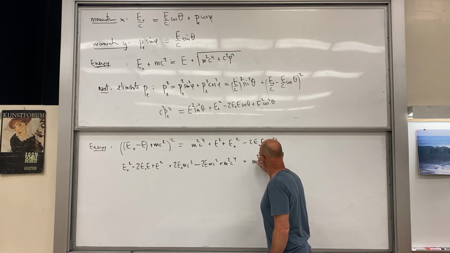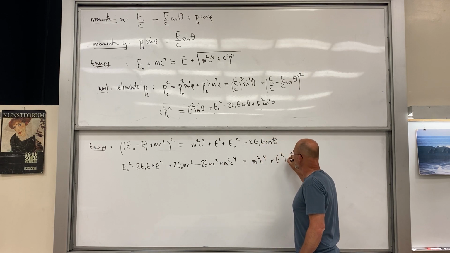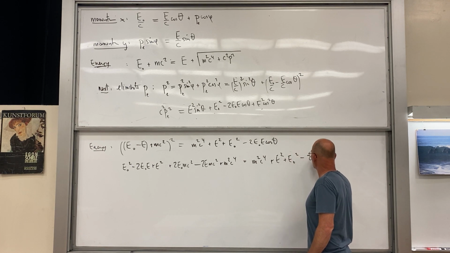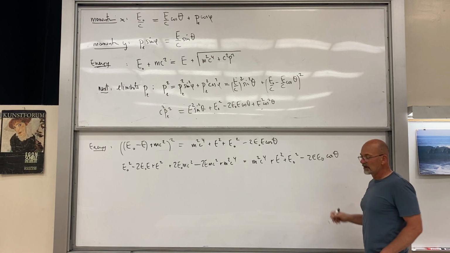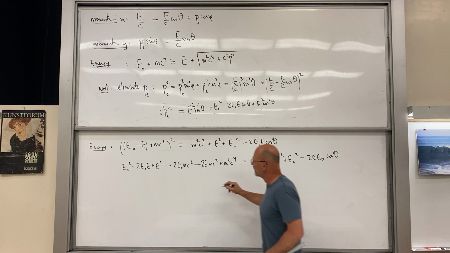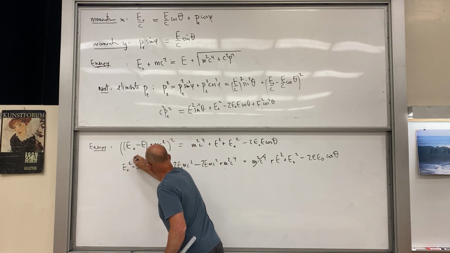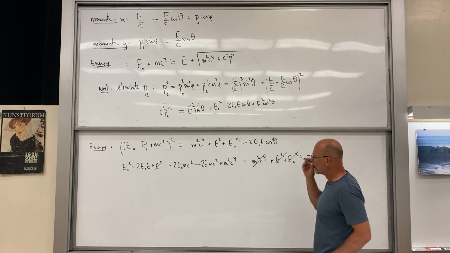And on the right side, m squared c to the fourth, e squared, e0 squared, minus 2 e0 e cos theta, and a lot of things drop away now. e squared and e0 squared and e0 squared.